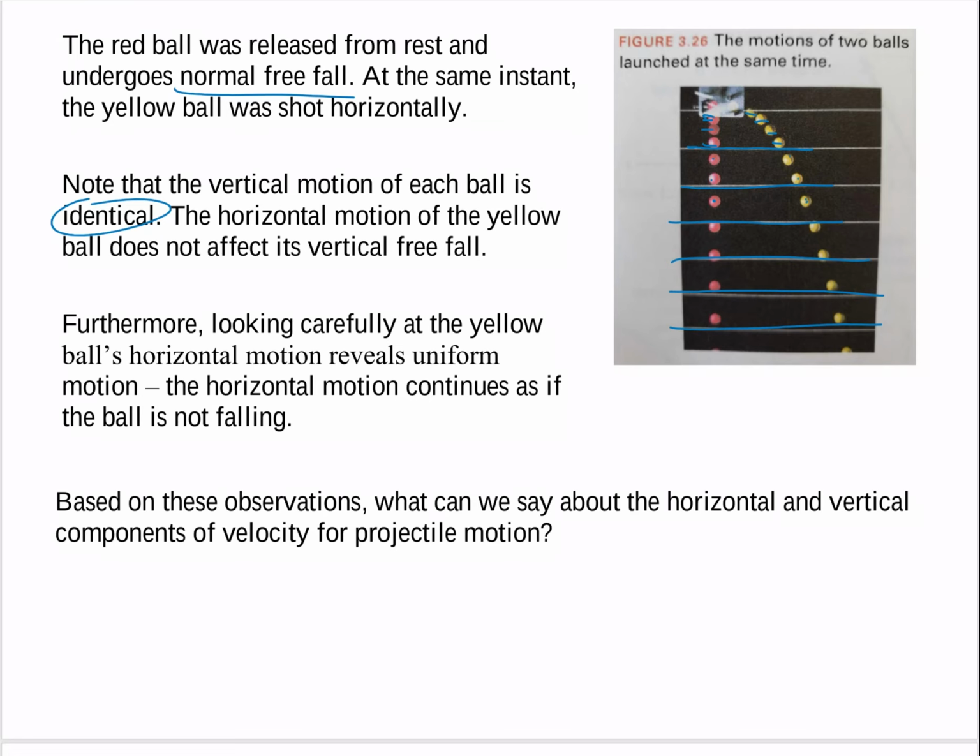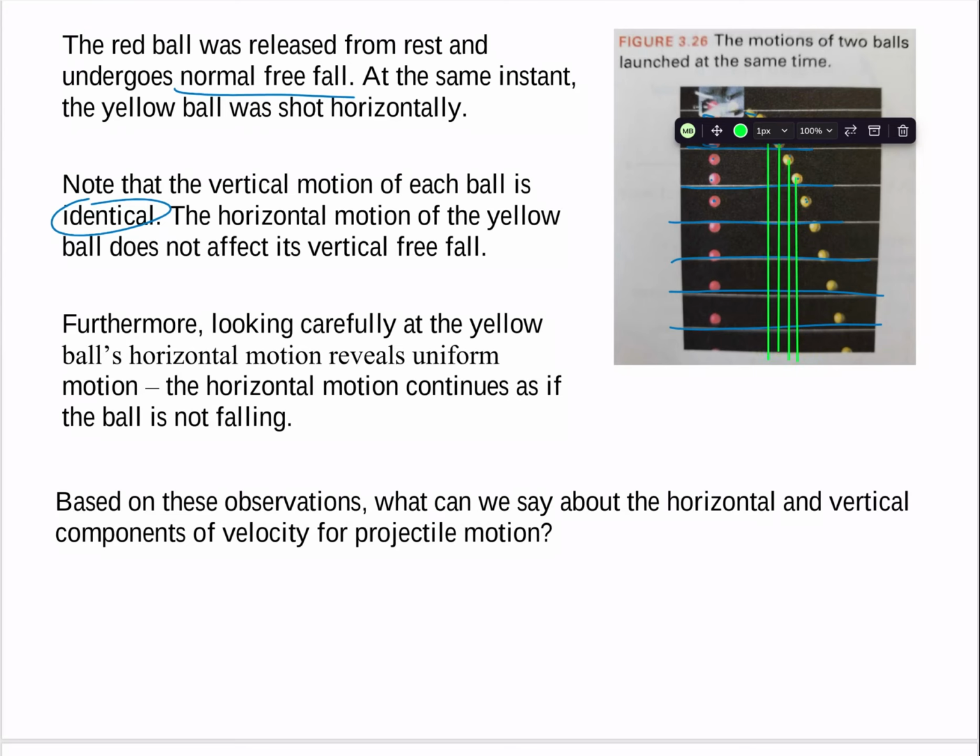So now the other important point here. I'm going to draw vertical lines here so I can be a little bit more precise. I'm going to try to make these as vertical as I can. That's pretty good.